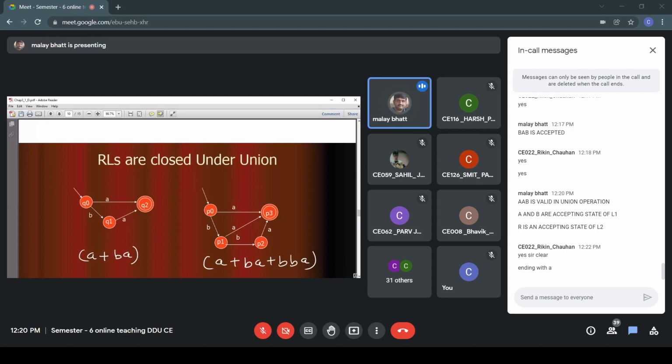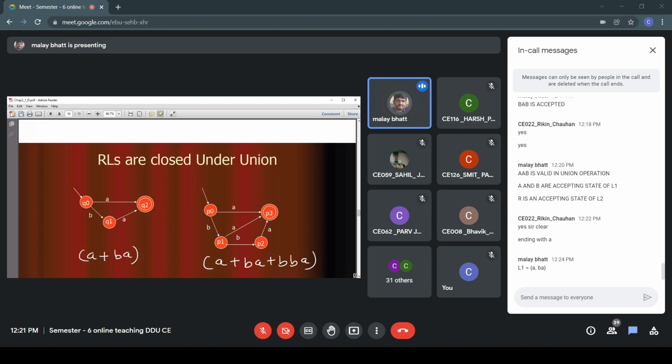Which strings are valid in the union operation? Either a string should contain A, or BA, or BBA. Union means valid strings of both. Your L1 language has only two elements, A and BA. The L2 language has three elements, A, BA and BBA.